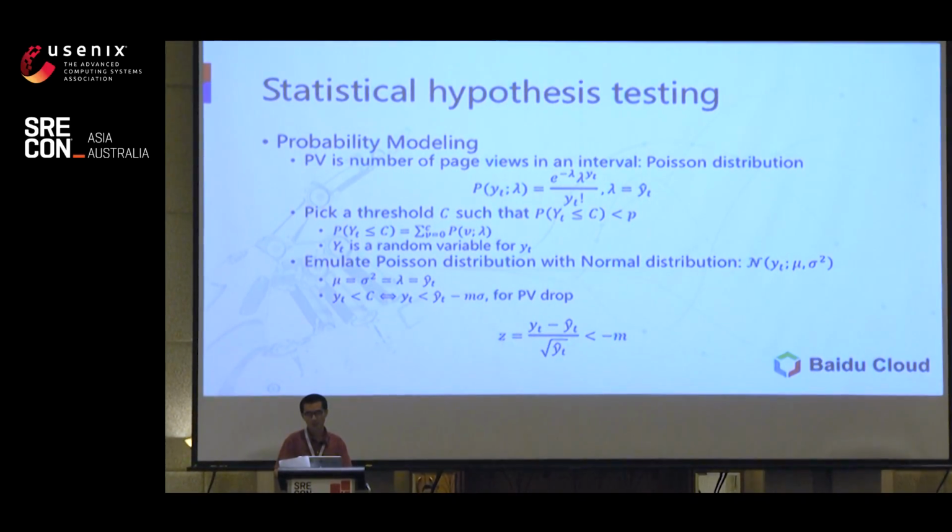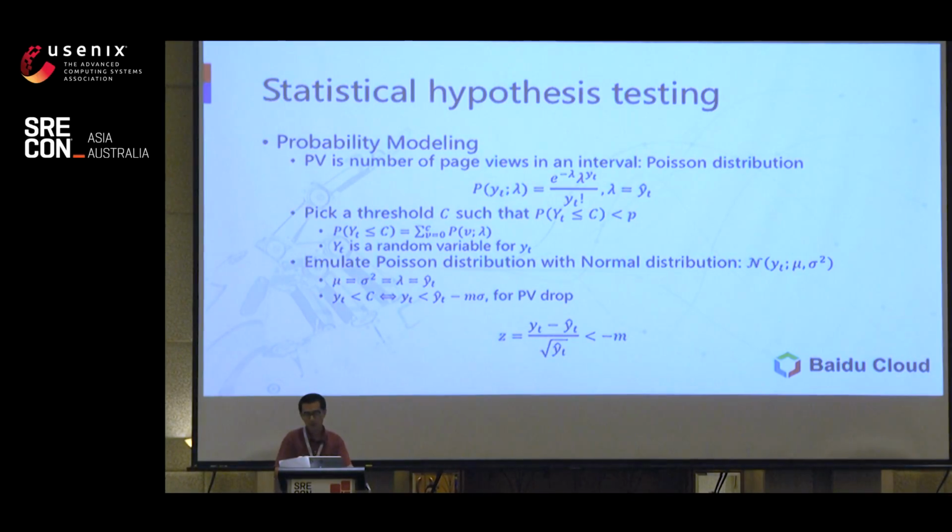But when the expectation of the Poisson distribution is very large, the normal distribution becomes a good estimate. The expectation mu and variance sigma squared of the normal distribution both equal the expectation of the Poisson distribution, y hat t. According to the normal distribution, C can be computed by subtracting m times sigma from y hat t.